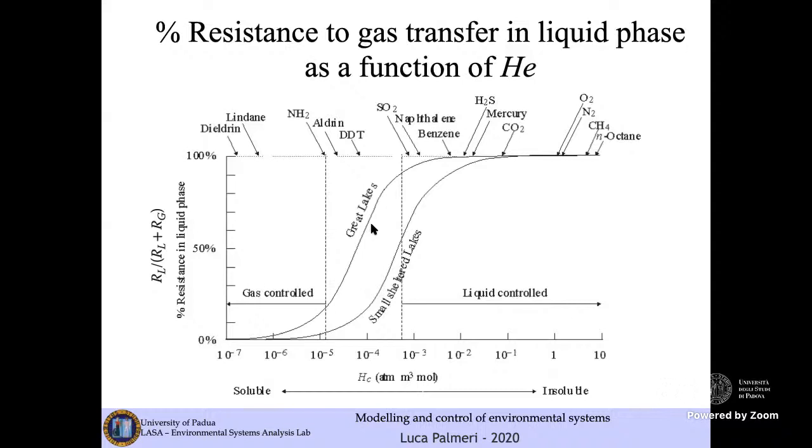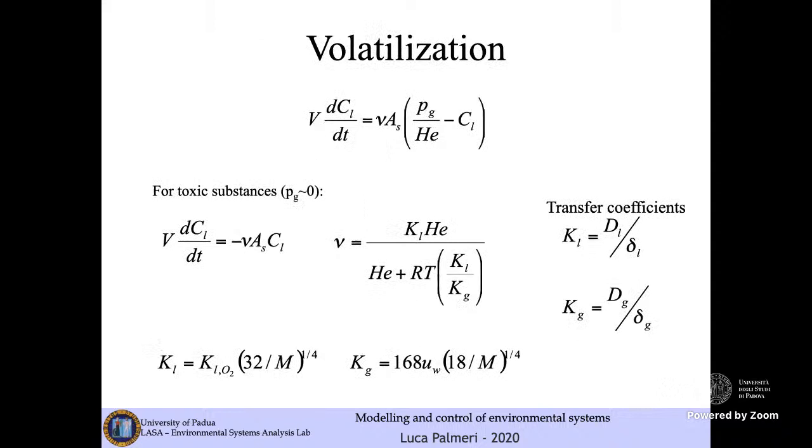Great lakes are water bodies for which the surface between the liquid phase and the atmosphere is large, while for small lakes, the surface of the interface, of course, by definition, is smaller. And so in this case, for small lakes, we are in a condition in which we quickly reach a liquid control phase.